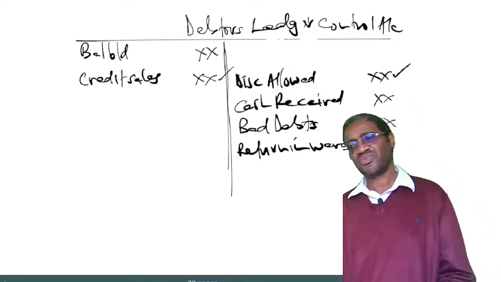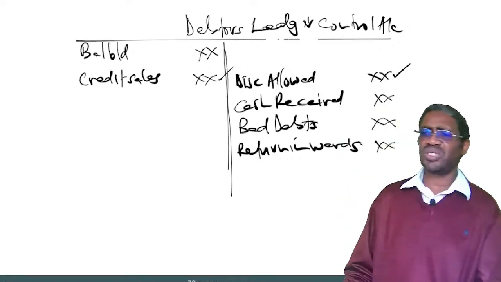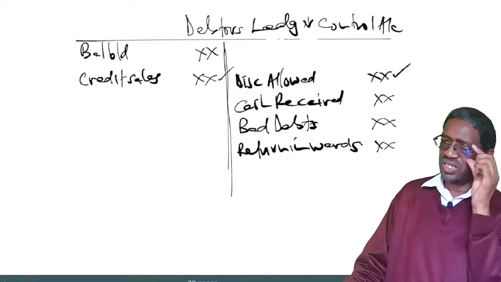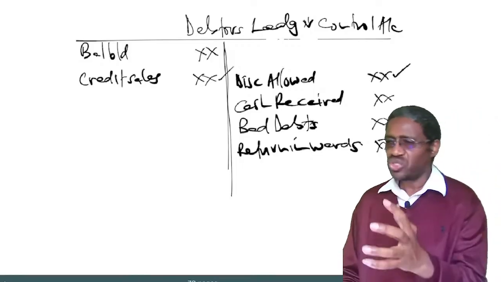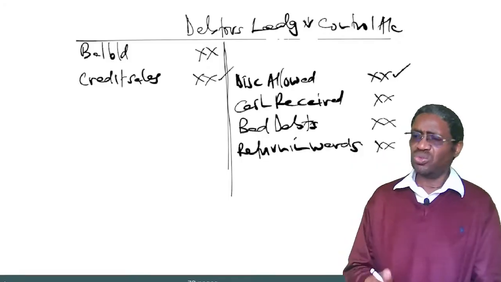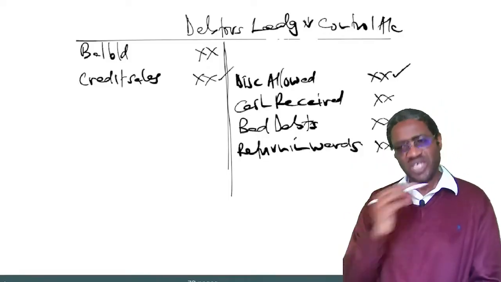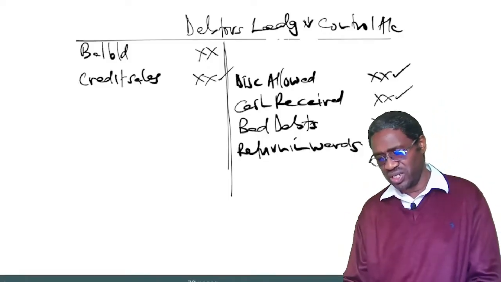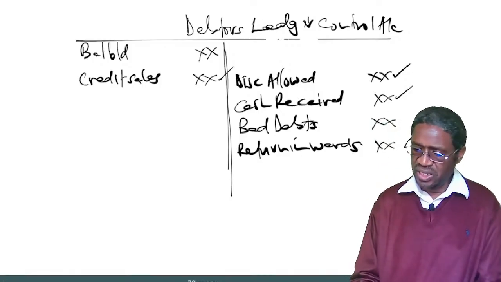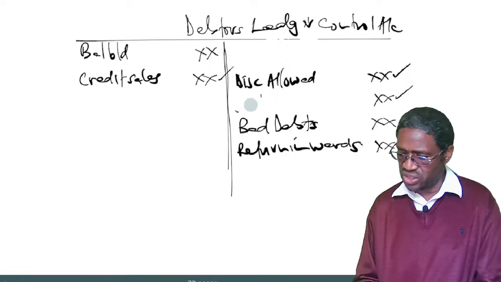That's one. The other thing we have talked about is any discount allowed. When you allow some customers a discount, it's because you wanted them to pay you early. So when they paid you, you received the cash. You debited cash and you credited debtors. So you can even say here, it is either cash or checks received.